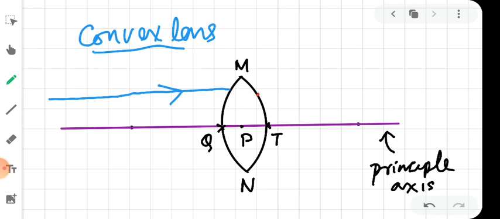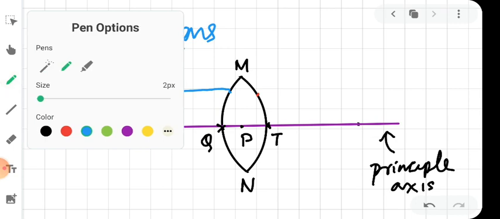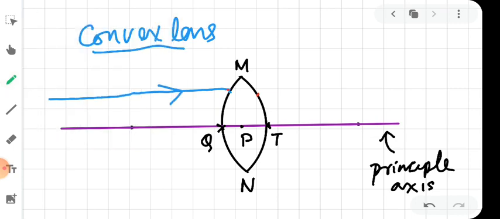As it is incident at this point, let me mark it red so that you understand. This point on the interface MQN is the point of incidence, because that is where the incident ray has been incident.